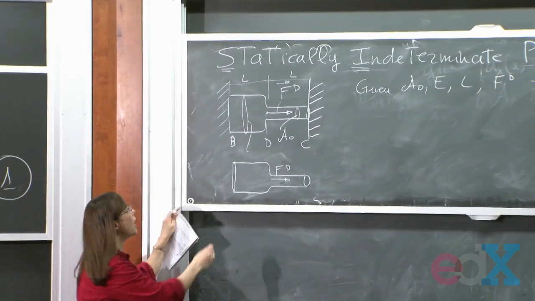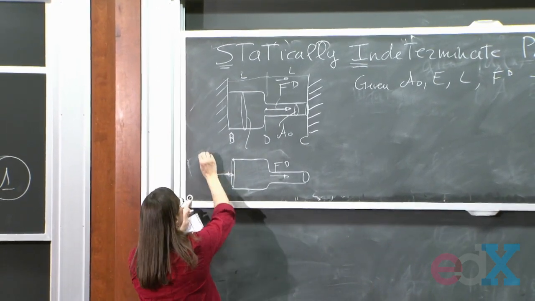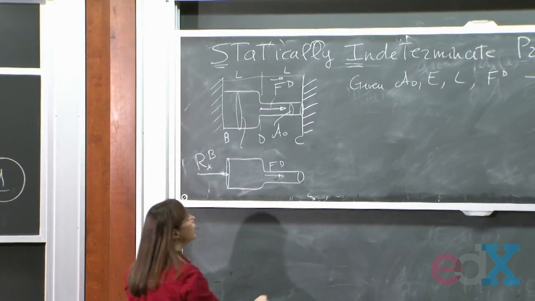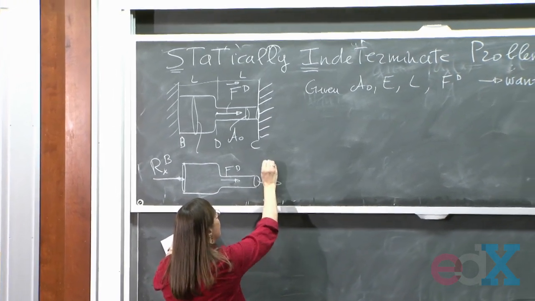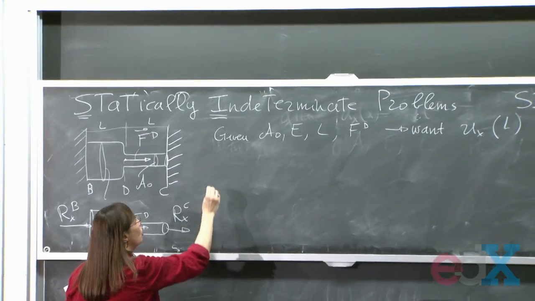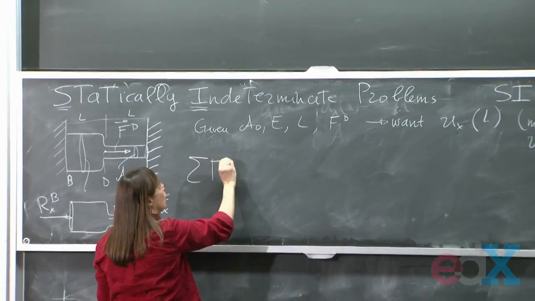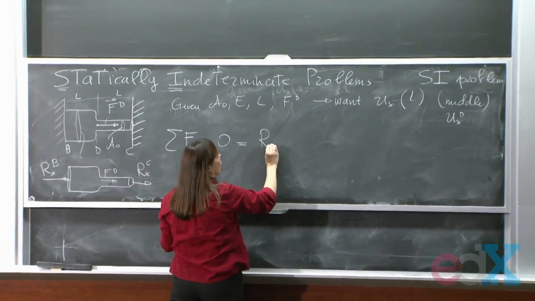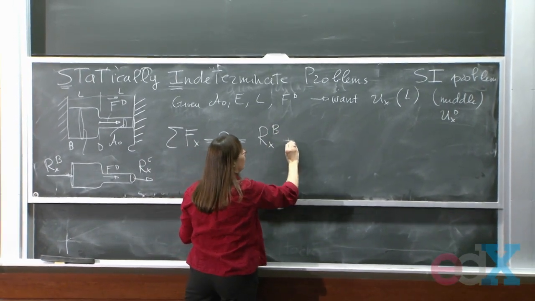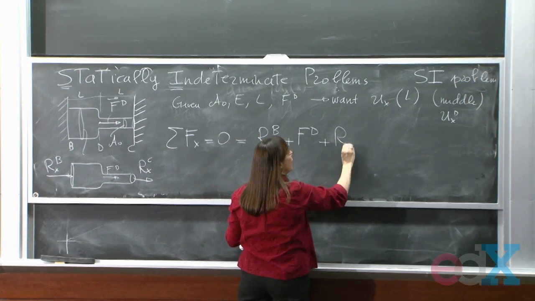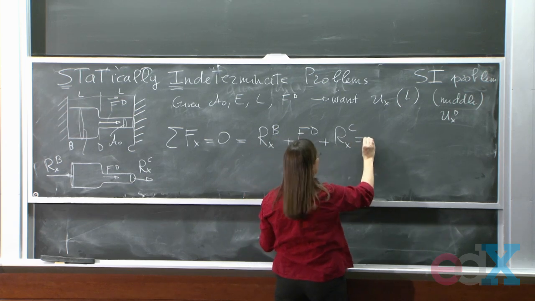The wall is giving me a reaction. Let's put Rx at B. On this other side, I had another wall, so this wall is also giving me a reaction, Rx at C. When I do the sum of the forces in x equal to 0, I get Rx at B plus the force that I'm applying at D plus Rx at C equal to 0.